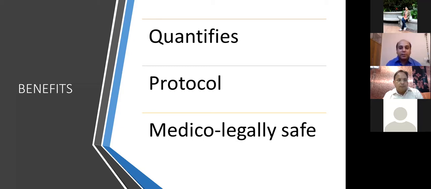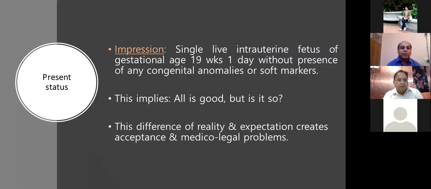So what is the present status of our reporting? The present status of reporting is that we all, including myself, used to report that there is a single live intrauterine fetus or twin live intrauterine fetuses without any congenital anomalies, or maybe we also write that without any presence of soft markers. This implies that everything is good with the fetus.